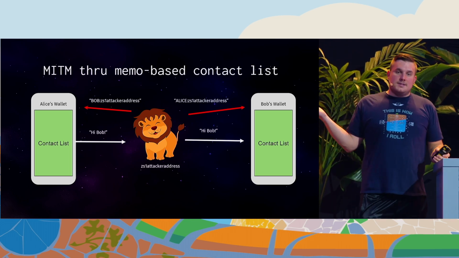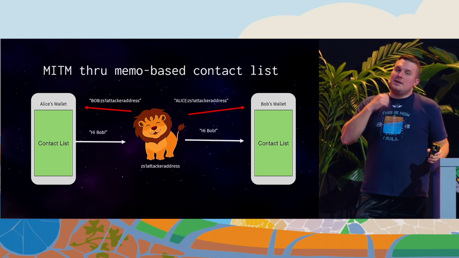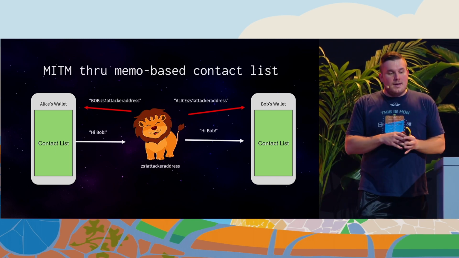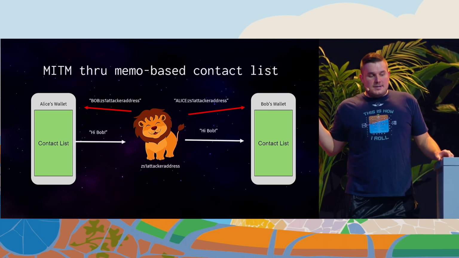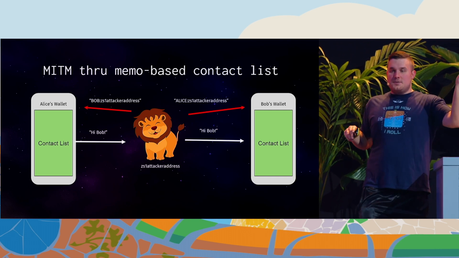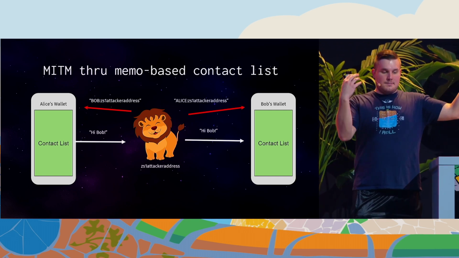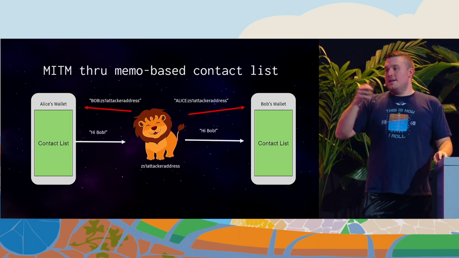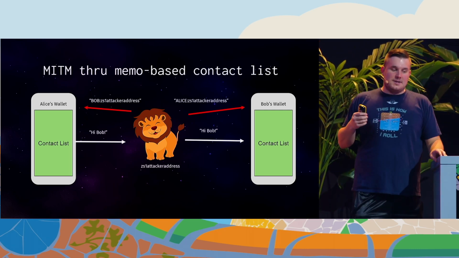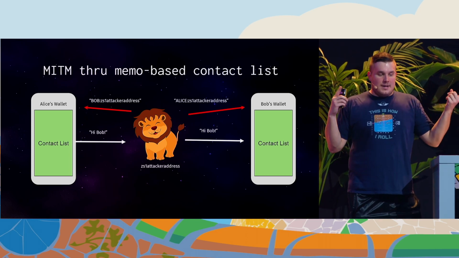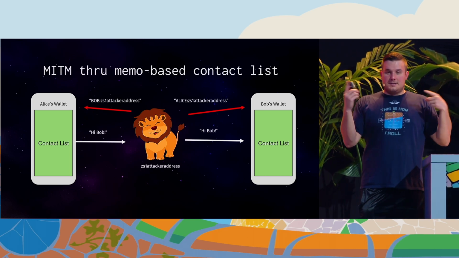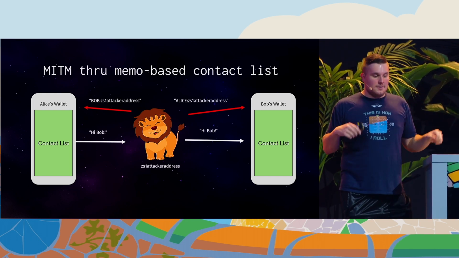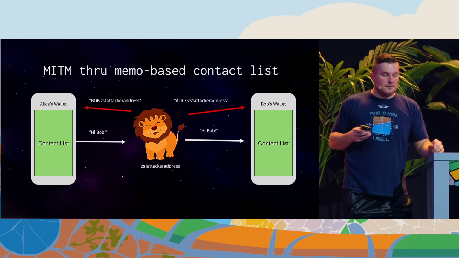The bug is that anyone can send the wallet a memo that's formatted that way. The attacker tells Alice's wallet, Bob's address is my attacker address, and tells Bob's wallet, Alice's address is my attacker address. Now when Bob and Alice use their contact lists to communicate with each other, all of their messages are actually going through the attacker, so the attacker can read their conversation.